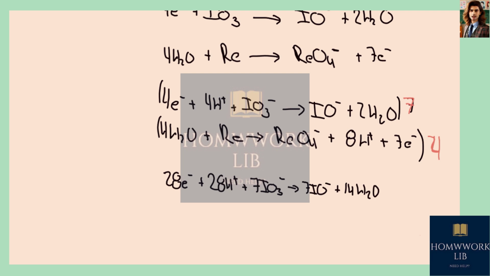Down below, we're going to have 16 water molecules plus 4 rhenium atoms. That is going to produce 4 of rhenium oxide plus 8 times 4, which is going to be 32 protons plus 28 electrons.